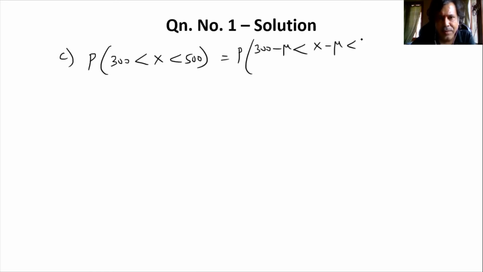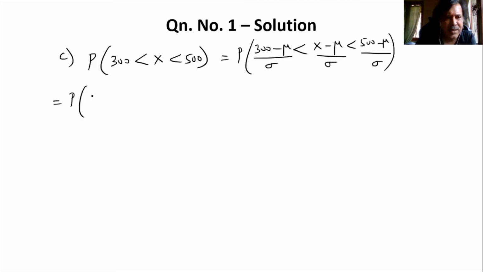Means at 3 places we are subtracting mu, and then at all 3 places we are dividing by sigma, so that we can substitute that conversion factor Z. So 300 minus mu, we had already seen mu is 400 and sigma is 50, less than Z. X minus mu by sigma is nothing but the Z factor, less than 500 minus 400 divided by 50.